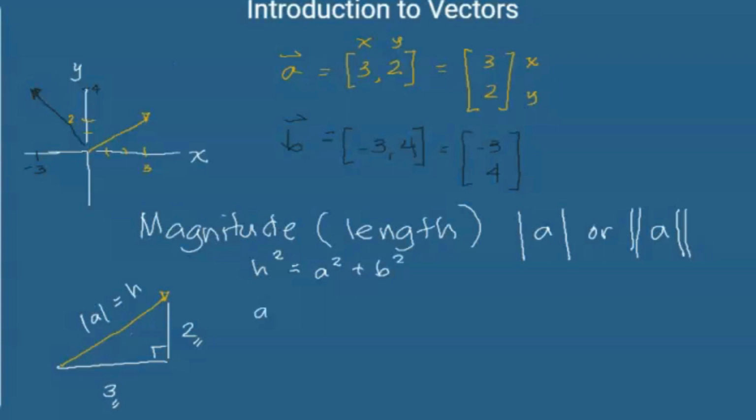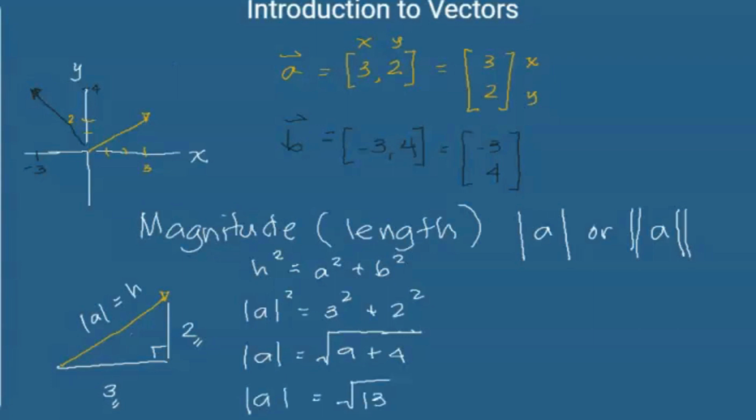So our hypotenuse, the length or the magnitude squared, is equal to 3 squared plus 2 squared. So the length is equal to the square root of 9 plus 4. So the magnitude is equal to the square root of 13.